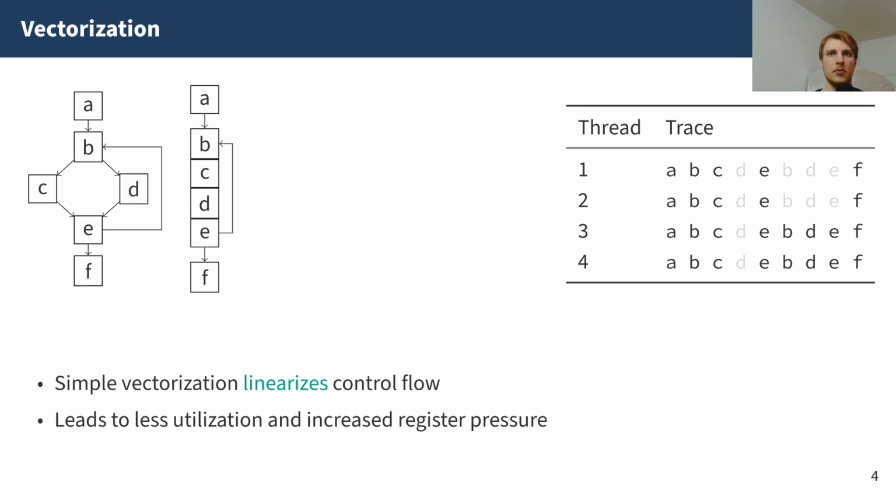If you don't know whether the branch predicate at B is uniform, some threads may go to C and others may go to D. So the generated code must actually execute both C and D. In essence, the compiler has to linearize the entire CFG and generate additional code to mask out redundant computations. If B is uniform, this is all unnecessary work, because actually all threads go either left or all threads go either right.